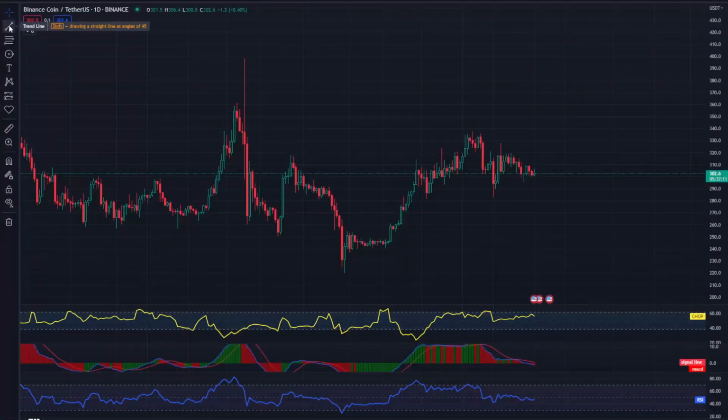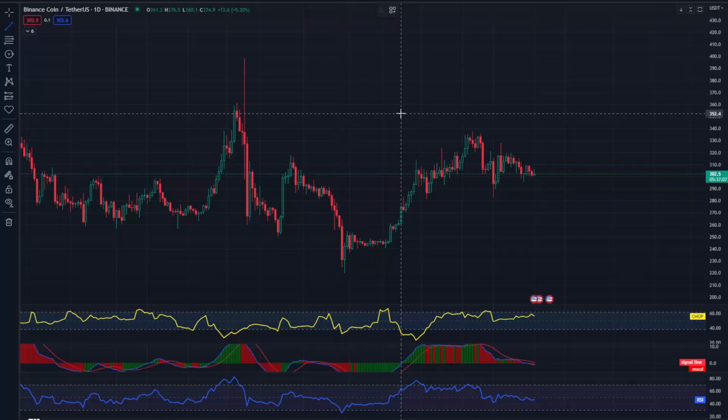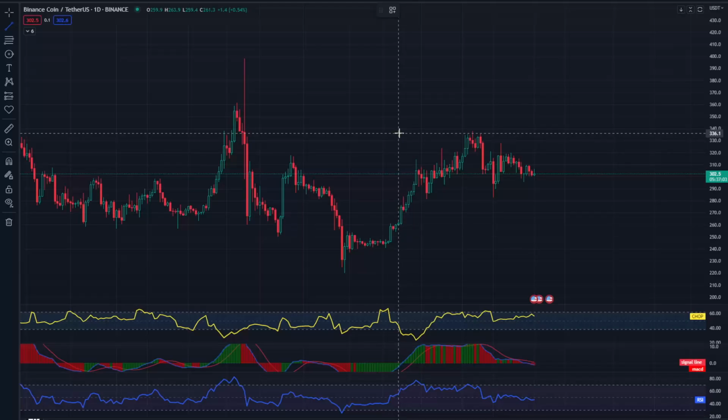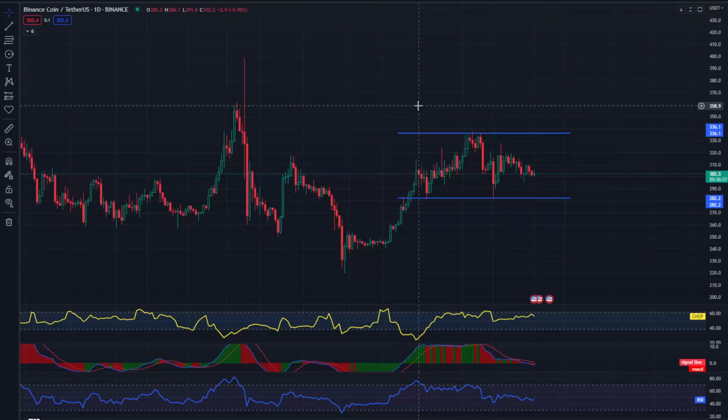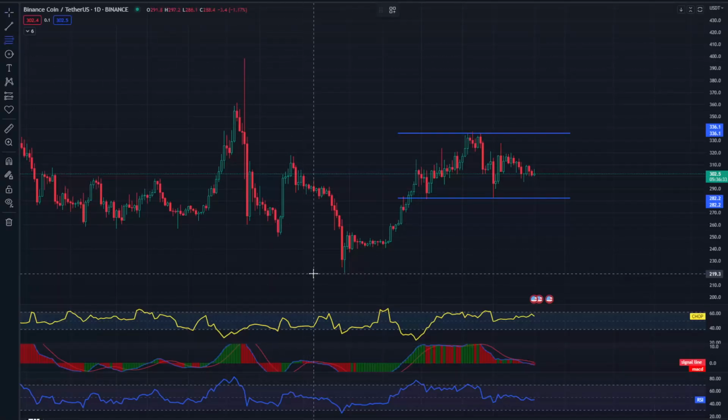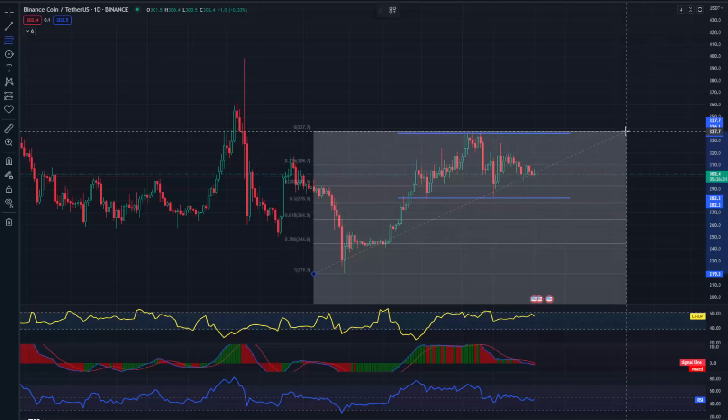The last one in today's chart is the BNB to USDT chart on a one-day timeframe. First, we will use the blue lines to mark the sideways trend channel in which the price is currently moving. Going further, we can move on to marking the places of support when we start the correction.